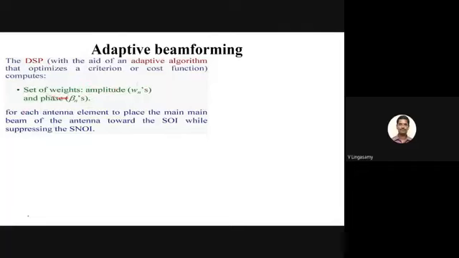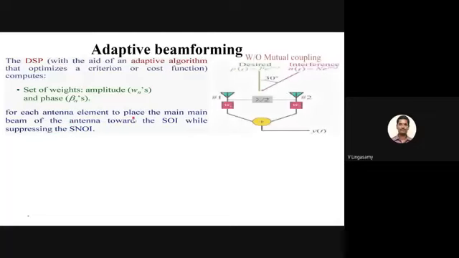These weights are applied to the antenna array to generate the main beam towards the signal of interest, which is the intended user, while suppressing, meaning sending the null towards, the signals not of interest. That is adaptive beamforming.